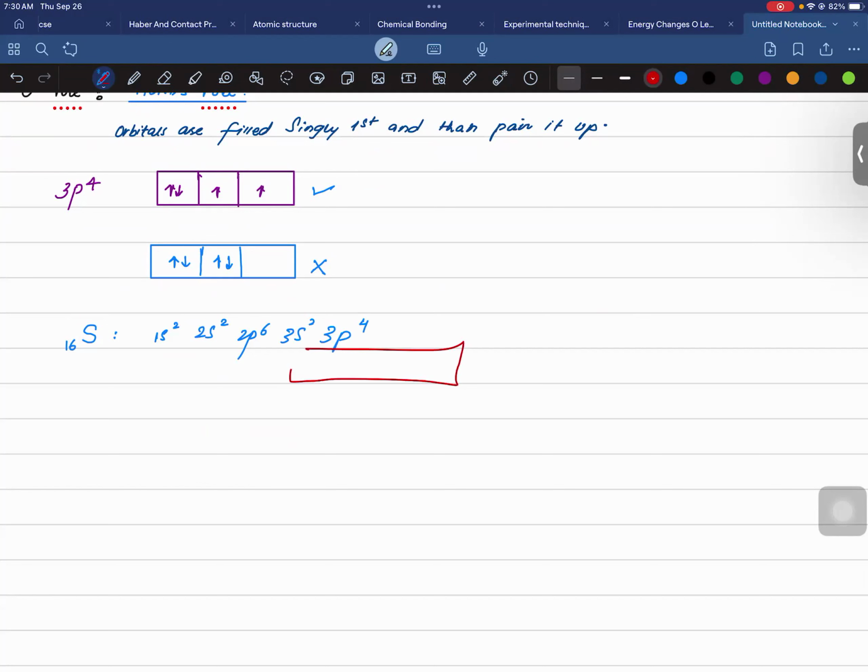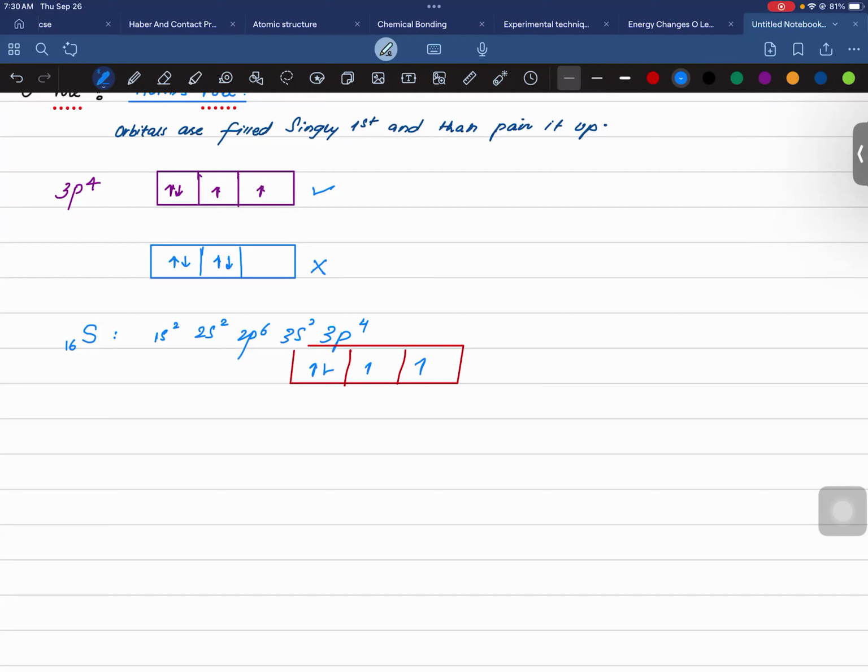Obviously, if we are going to draw the 3p orbital, ultimately this would be just like that. 1, 2, 3, 4. First, I have singly filled, and then I have doubled it. Okay? So these are some rules for filling electrons.